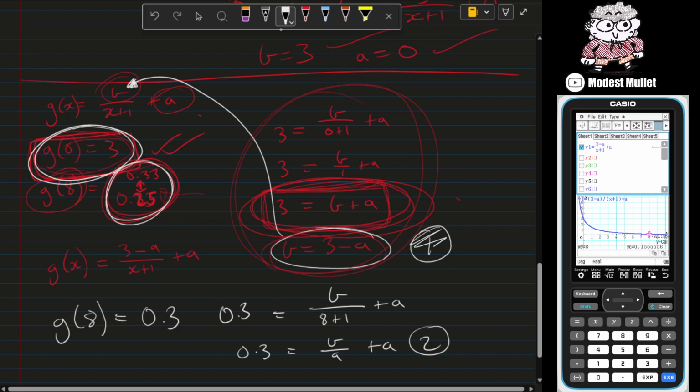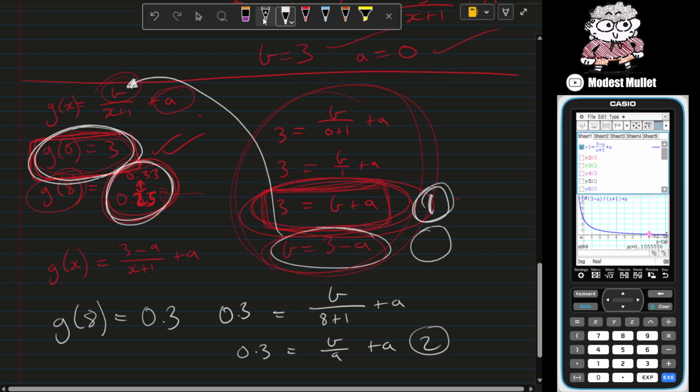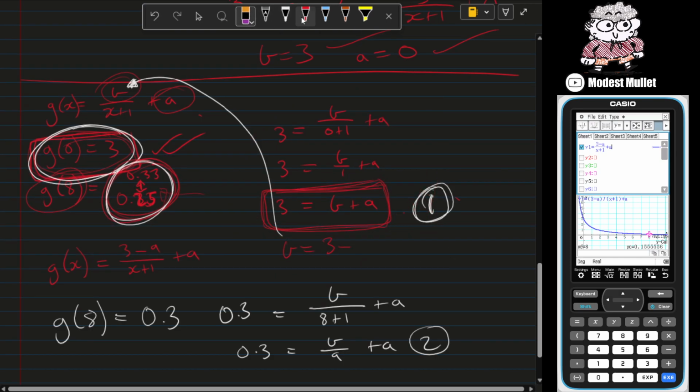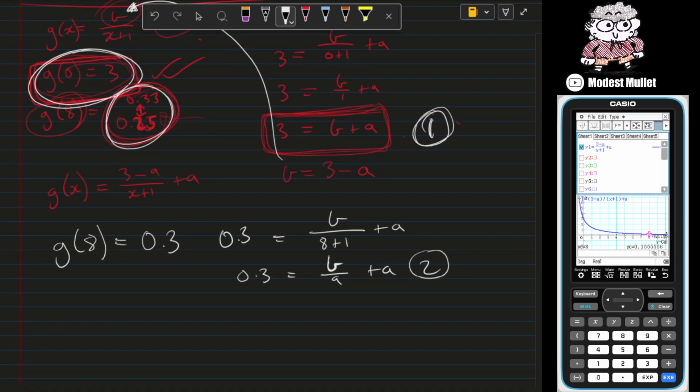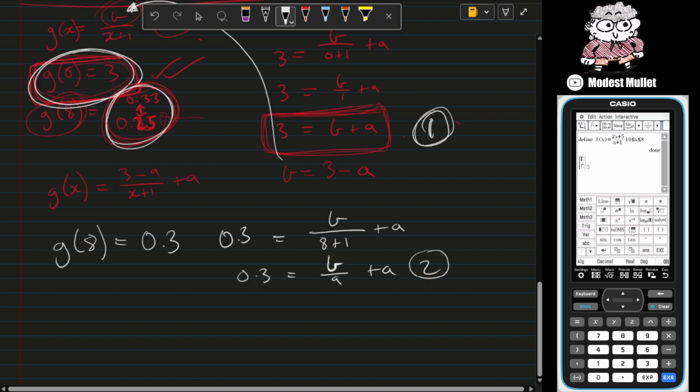We could call this one our first one, and now we have some simultaneous equations. We have two simultaneous equations that would meet our requirements: 3 equals b plus a, and 0.3 equals b on 9 plus a. We could solve these either by hand, or we can let the calculator do it. So let's go back to main, simultaneous equation.